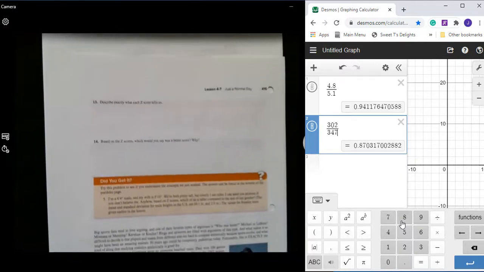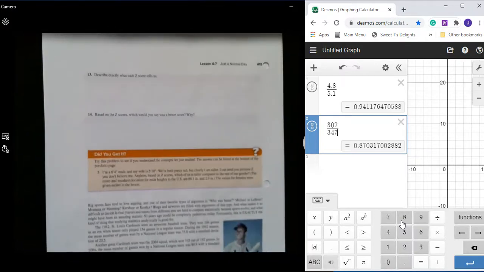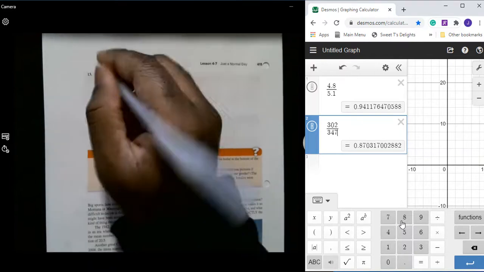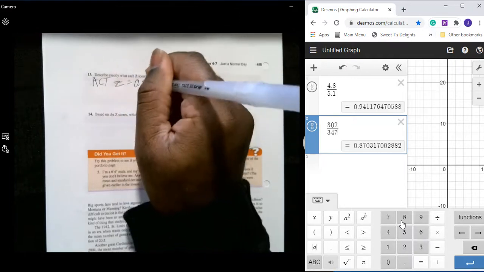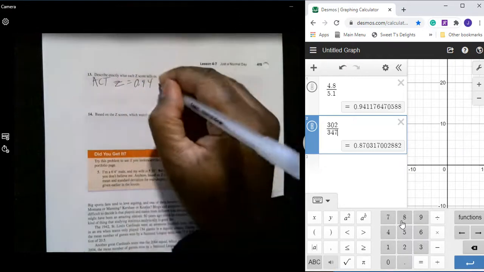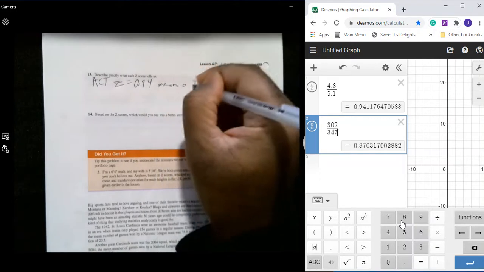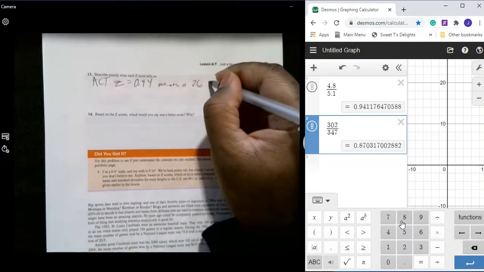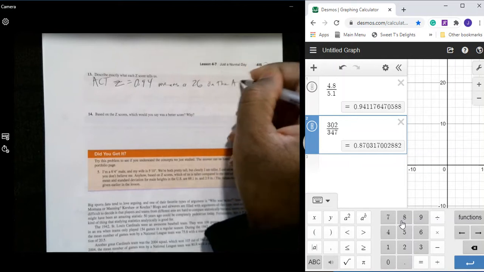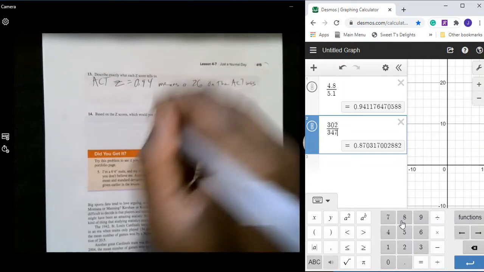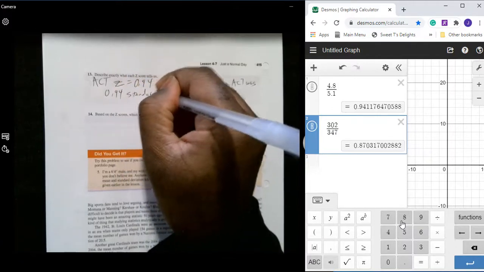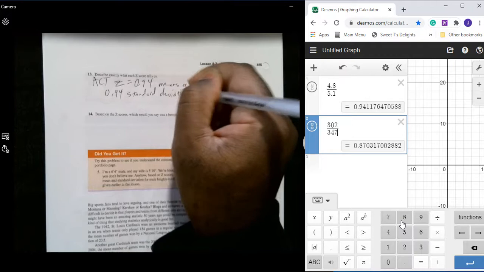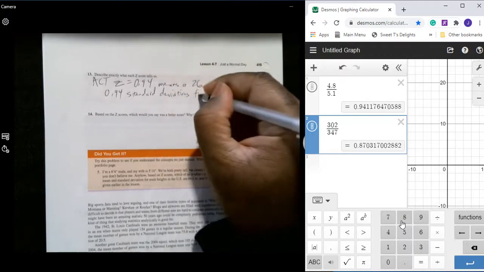Okay, now we go here to the back. Now 13, it says describe exactly what each z-score tells you. The ACT z equals 0.94 means a 26 on the ACT was 0.94 standard deviations from the mean.